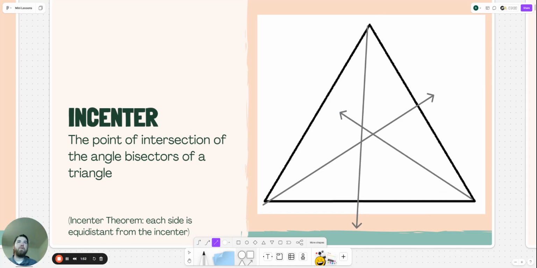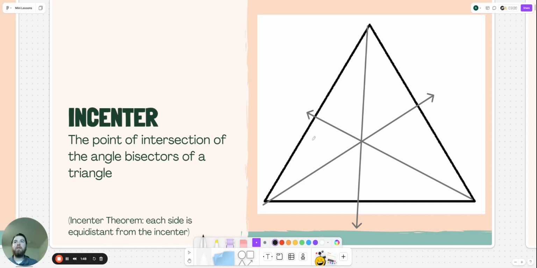Again, it's not perfect just because of how things are going, but they all come together here right at the center point. And the incenter theorem is just saying that the distance to the sides, so this distance here, and this distance here, are all going to end up being the same thing. So that's what the incenter theorem says.